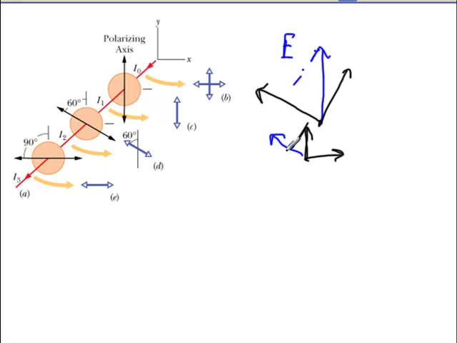By taking components of components, we get a component that is 90 degrees from the original. I can take a component of this component, and it will in fact point along the x-axis.